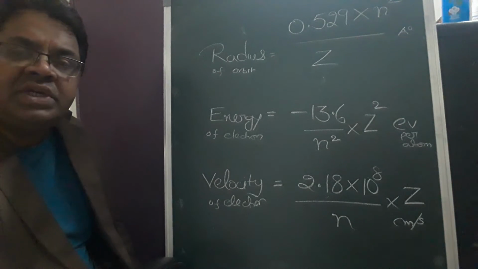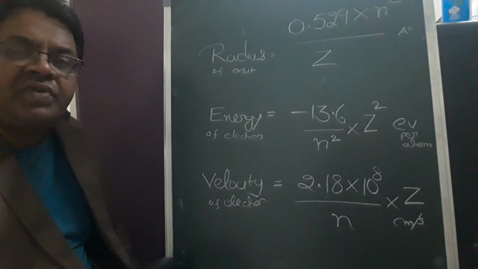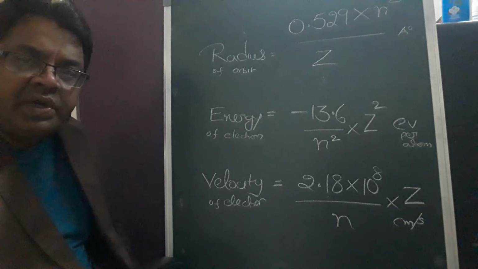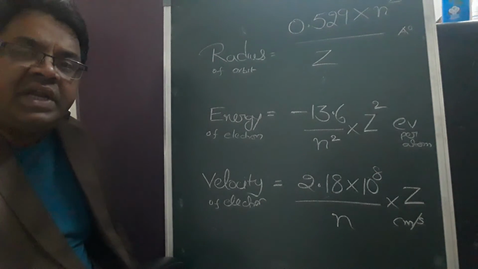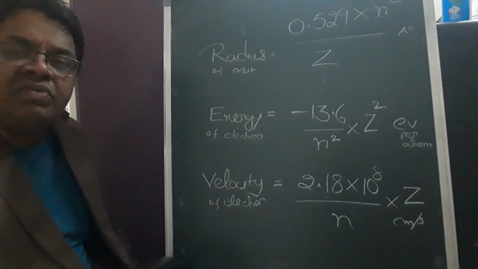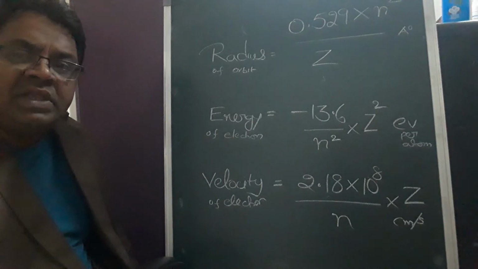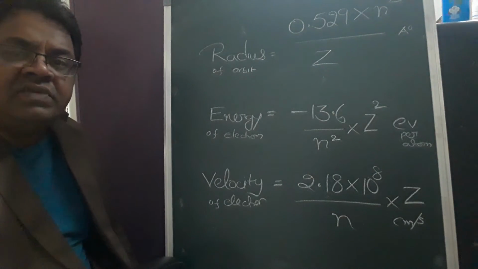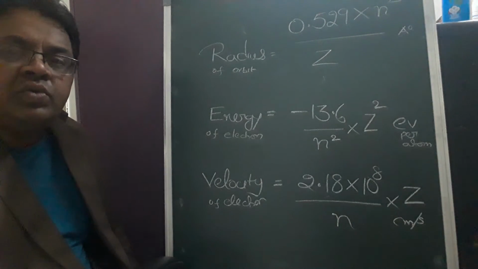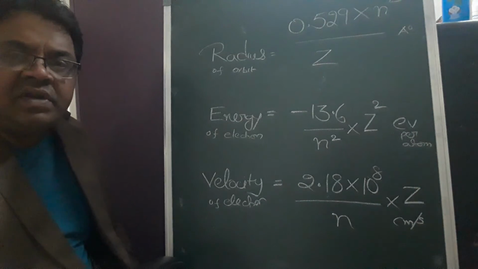The other postulate says that when an electron jumps from a higher energy level to a lower energy level, it releases energy, and when it jumps from a lower to a higher energy level, it absorbs energy. ΔE = E2 − E1 = hν is the formula, where E2 is the energy of the higher level and E1 is the energy of the lower level. Using that formula you can calculate the energy difference, and these are the main important postulates.